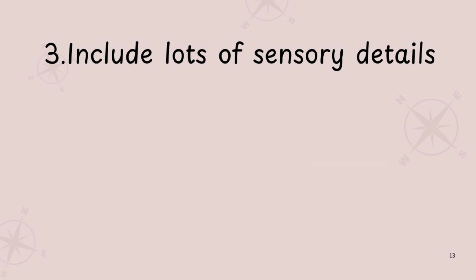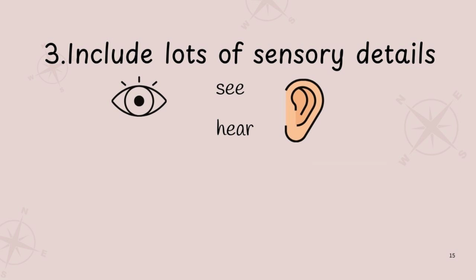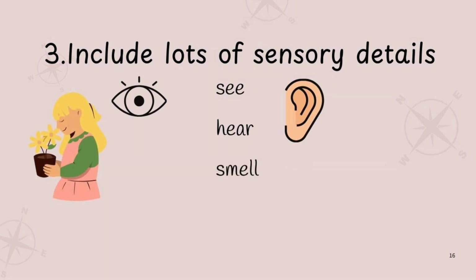So sensory things include things like, what do you see? Like the colors, the lighting, the movement around you. What do you hear? Maybe ocean waves or birds singing or background city sounds. What do you smell?